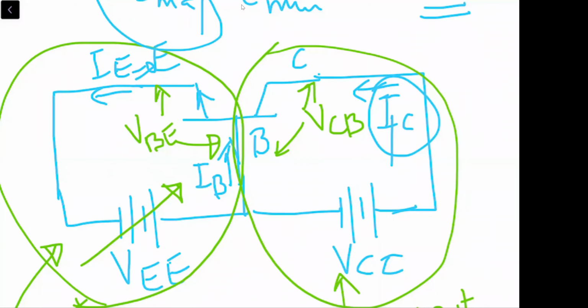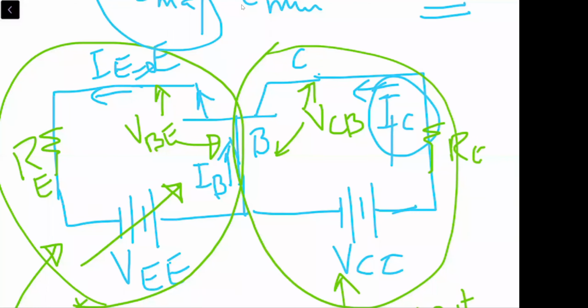I also install some resistance because I do not want to damage the circuit. So I add RE over here, and I also add RC over here, so that when the voltages increase, the currents also increase. When the currents increase, we want to limit the current, the voltage and the resistance drop inside the circuit, so that the transistor is not damaged, right?